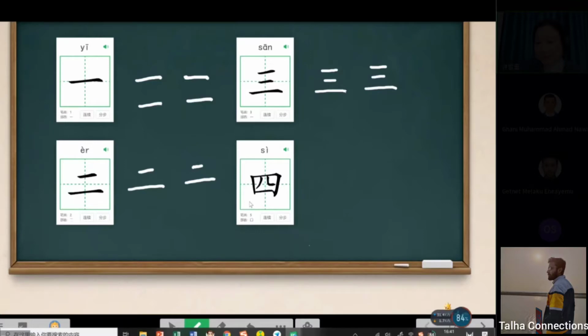Wow. The next one is 4. But 4 is not just 4 strokes, right? It's not that way. No, 4 is written like this. A little bit difficult, more difficult than the previous 3. Now let's see how to write it. Okay, again.